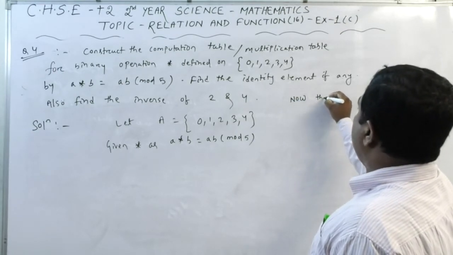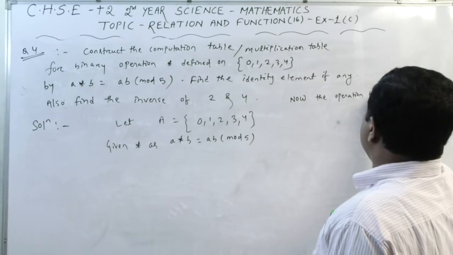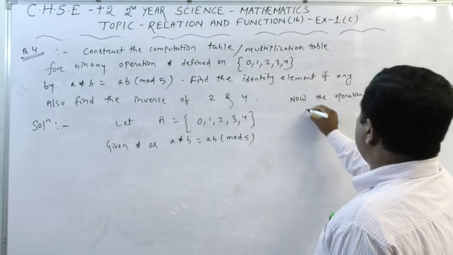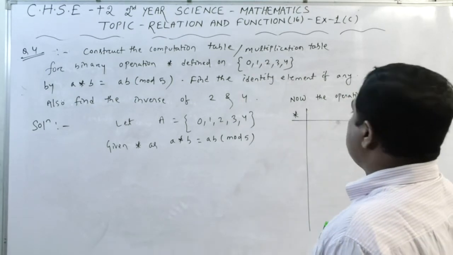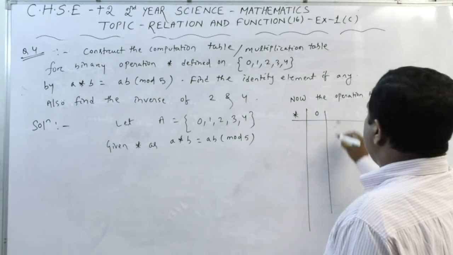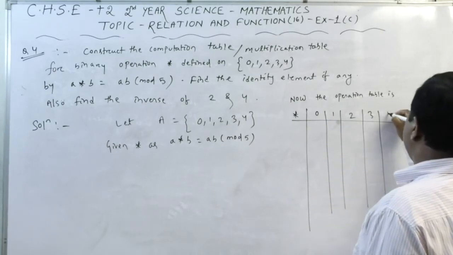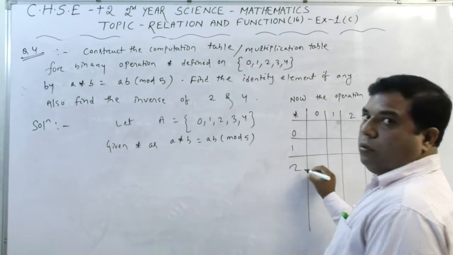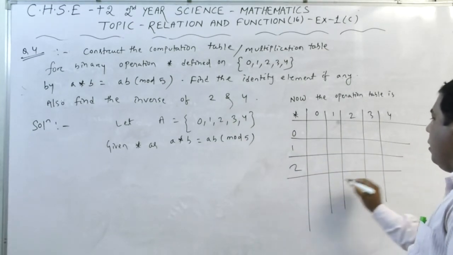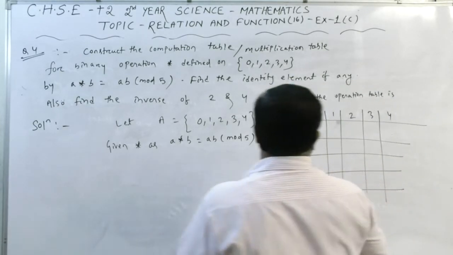The operation table is as follows. This is the binary operation star. It has elements 0, 1, 2, 3 and 4, and this is 0, 1, 2, 3 and 4. That I am going to construct now.